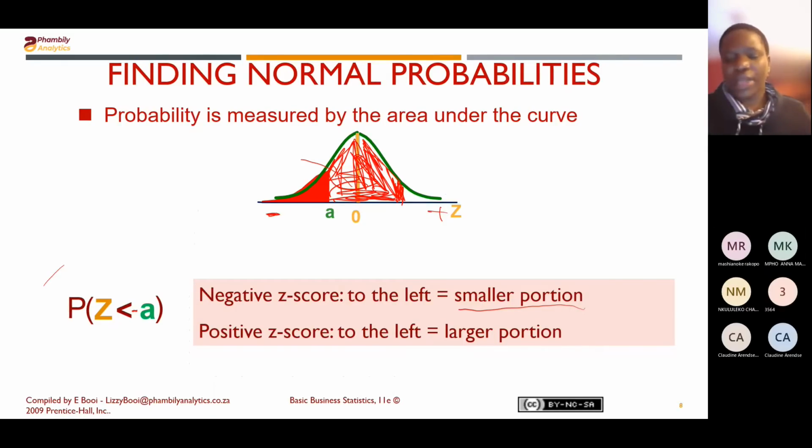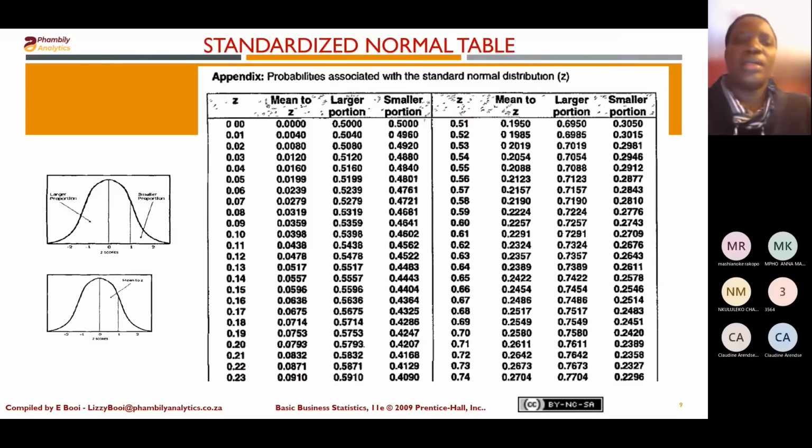So how do we do that? The table looks like this in terms of your normal distribution table. These are the probabilities associated with the standardized normal distribution. I found this table from your past exam papers.